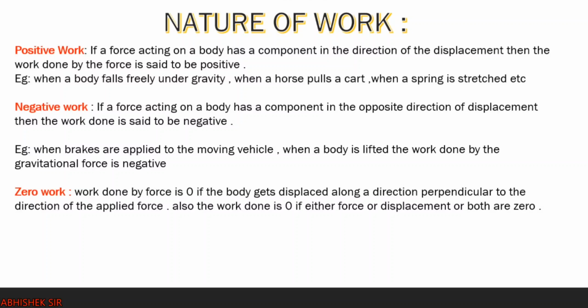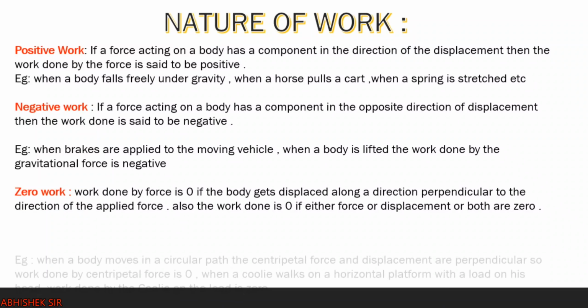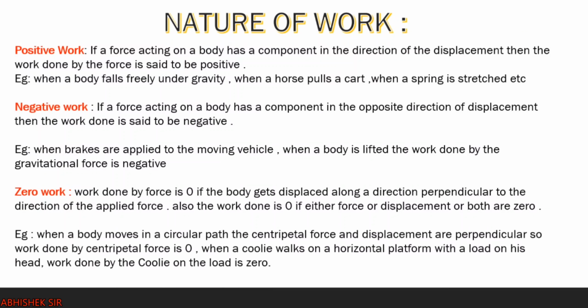What is zero work? Work done by the force is zero if the body gets displaced along a direction perpendicular to the direction of applied force. Also, if there is no displacement or no force acting, then the overall work done will be zero. For perpendicular: when a body moves in a circular path, the centripetal force and displacement are perpendicular, so work done by centripetal force is zero.